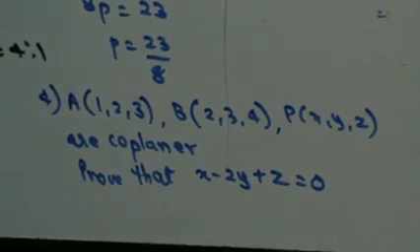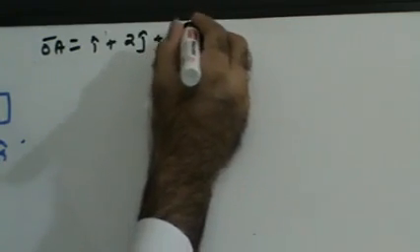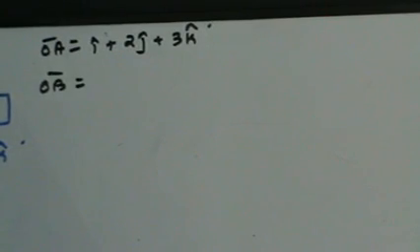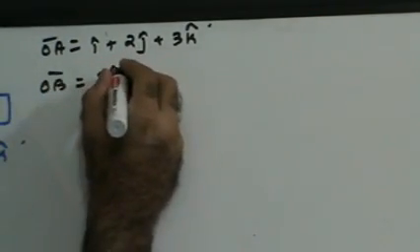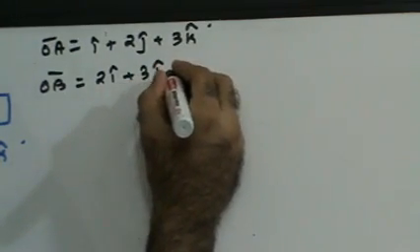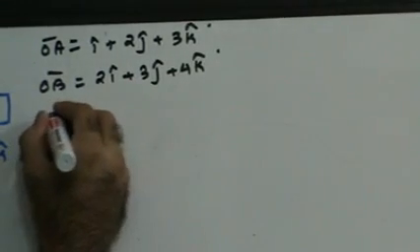Now, since the 4 points are coplanar, OA vector will be nothing but i vector plus 2j vector plus 3k vector. OB vector will be nothing but 2i vector plus 3j vector plus 4k vector. I'm just using the coefficients of A, B and C, guys.